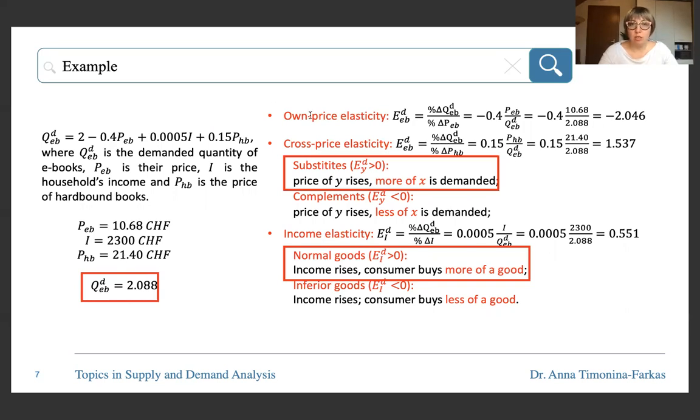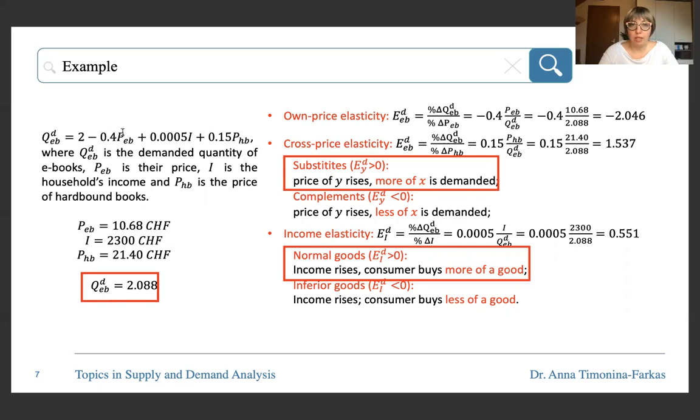And we can obviously compute all three types of elasticities which we consider: own price elasticity, cross price elasticity, and income elasticity. Note that here we are given a function Q dependent on P, but not P dependent on Q. That is why we will use tangents and not cotangents.